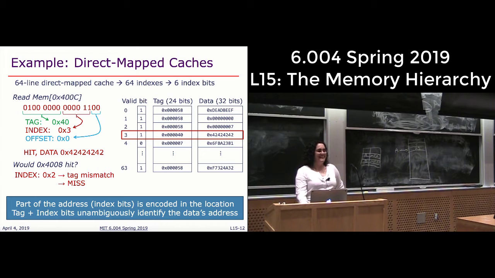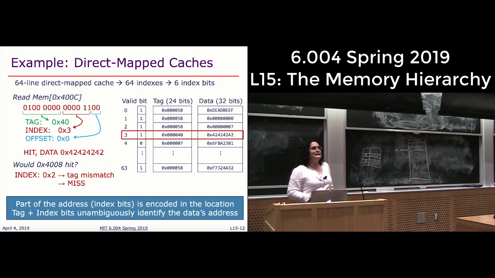Easy question? Yes. I'm looking for tag 0x40. The tag in my cache is 0x40, and my valid bit is a 1, so I got a hit. And I'm going to return this data value, 424242, whatever, back to my CPU. So far so good.